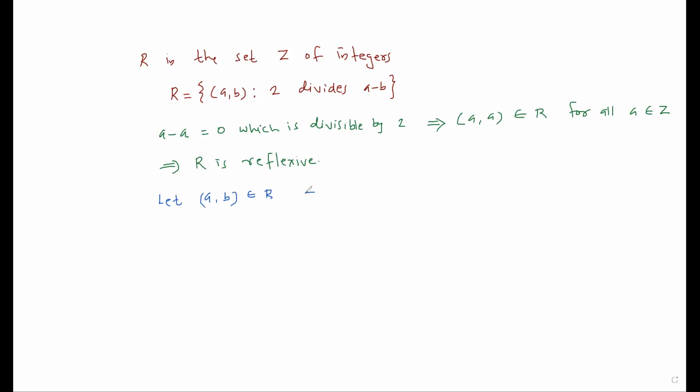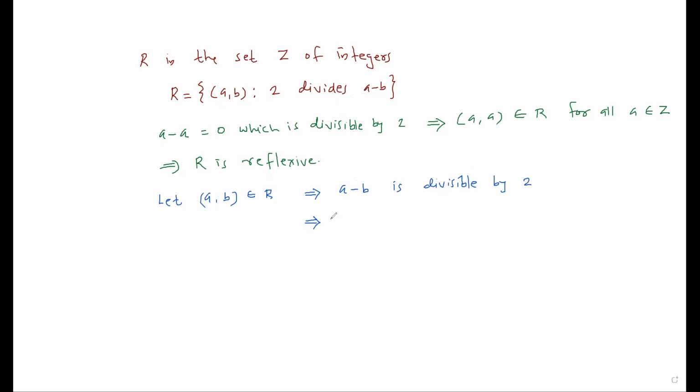If a is related to b, it means a minus b is divisible by 2, because that is the relation. The given relation says every ordered pair has 2 divides a minus b.